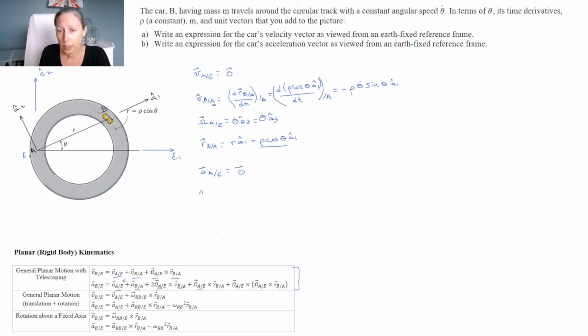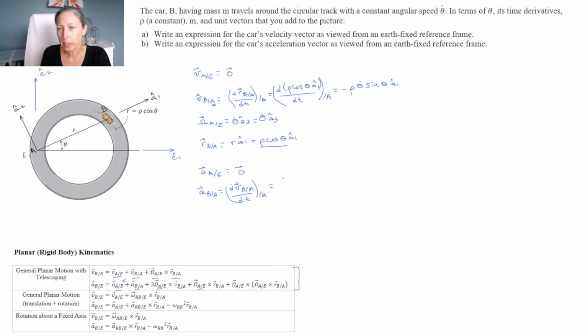The acceleration of B with respect to A, do you know what this is going to be now? This is a little bit tricky, but we just did it. All we're going to do is take the derivative of the velocity of B with respect to A with respect to time, again in the A reference frame.